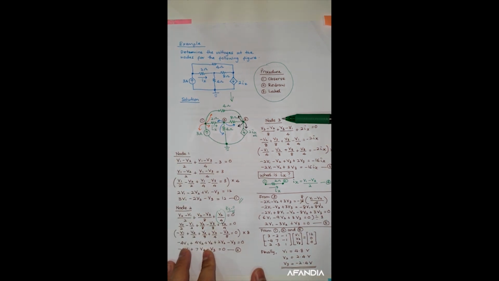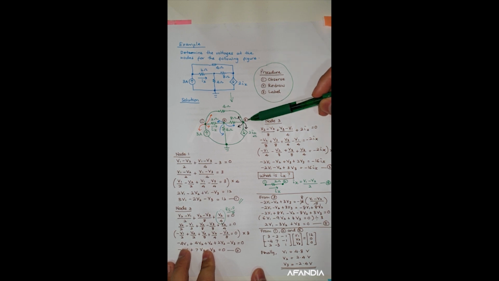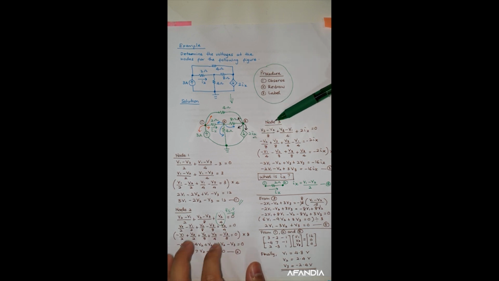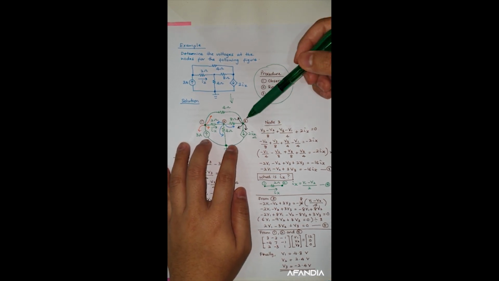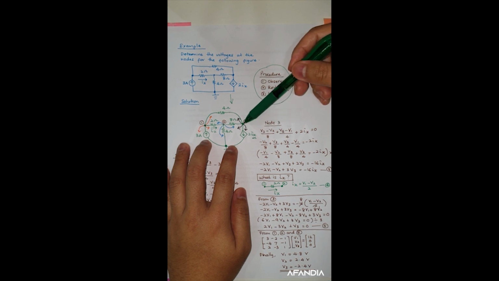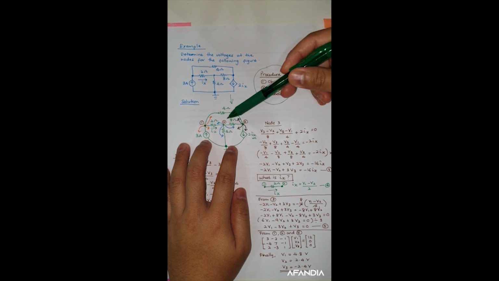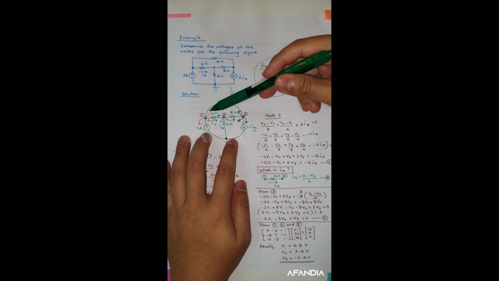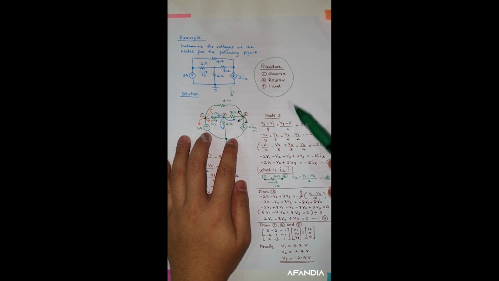Now we move to the final node, which is node 3. Where is our node 3? Here, and we must remember we have this diamond shape, which is the dependent current source. So V3 minus V2 divided by 8, plus V3 minus V1 divided by 4, plus, why plus?